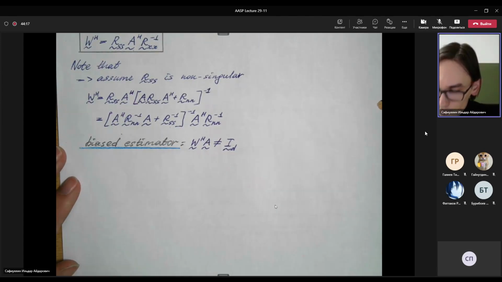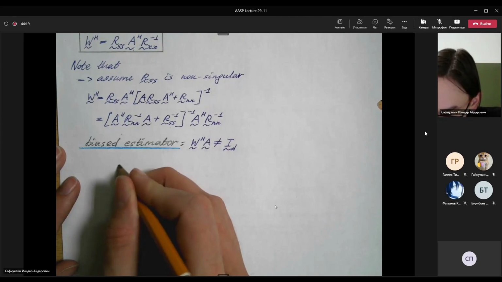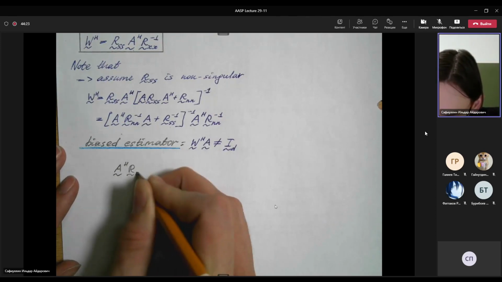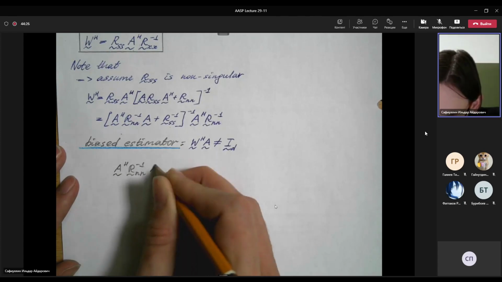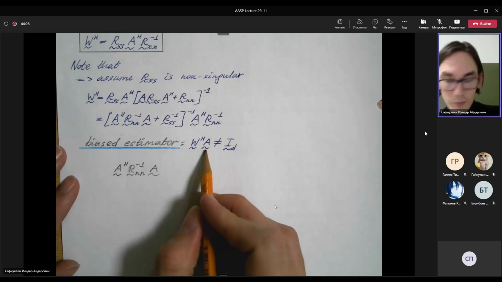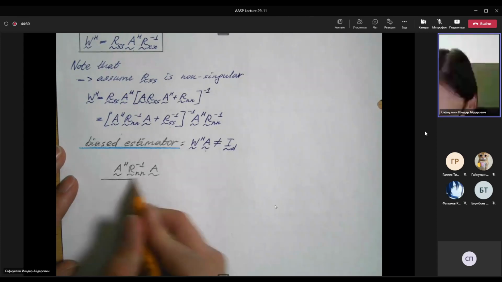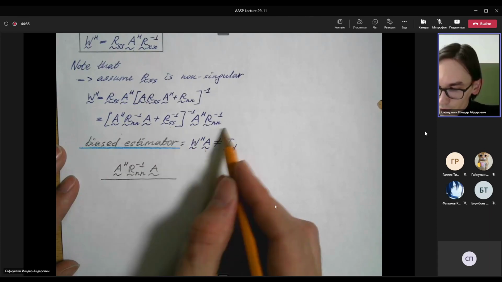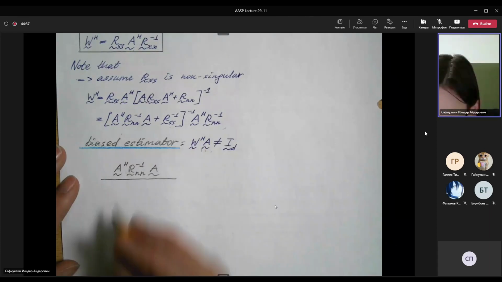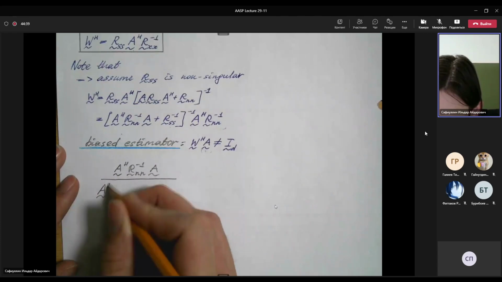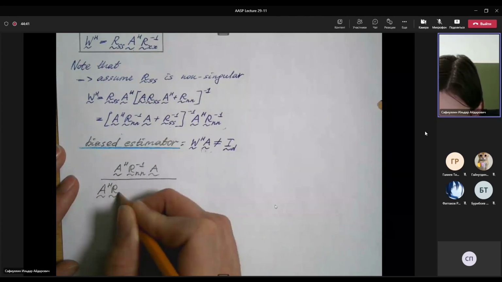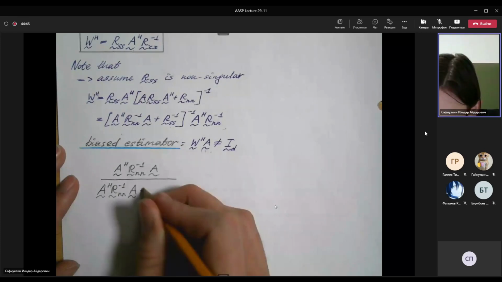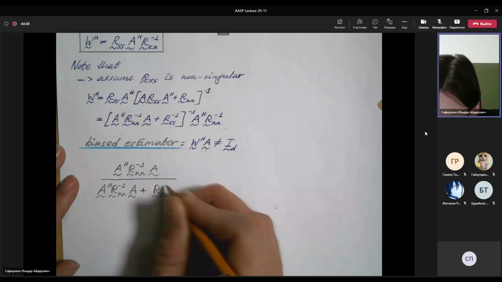If we rewrite all these things, we will have A Hermitian RNN inverse times A, so this one is the numerator, times A, and we'll have A Hermitian times RNN minus 1 times A plus the inverse of RSS.